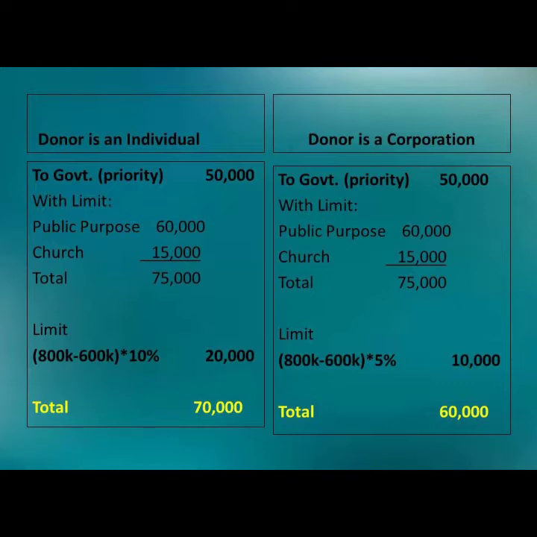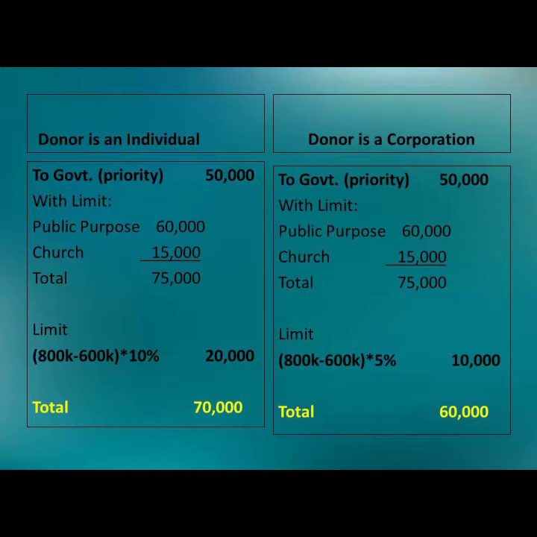What if the donor is a corporation? Same process. We get the charitable contributions deductible in full, which is the 50,000 for priority education activities, and then the contributions subject to limit, totaling 75,000 for public purposes and for the church.